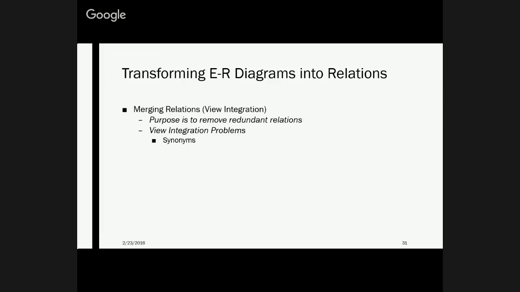So view integration, what are some of the problems? Synonyms: 2 different names are used for the same attribute. You might have in your database, the attribute is titled something different, but it's really the same thing. In this merging process, basically you want users to agree on a single name.